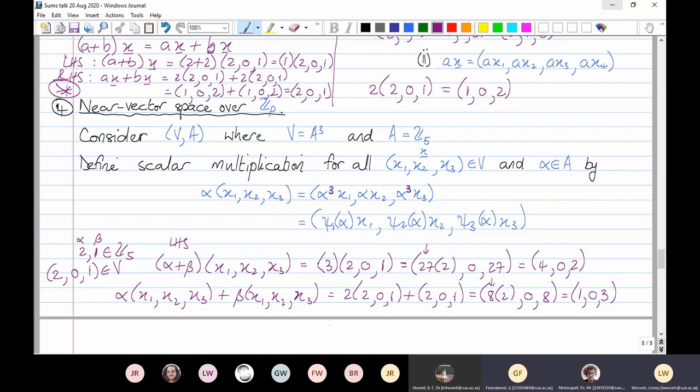Yes, I do have a question. Is it Gregor? Yes, hello. Hi. So in point 4, you gave this example for a near vector space. So that means that not all the properties of a vector space are met.